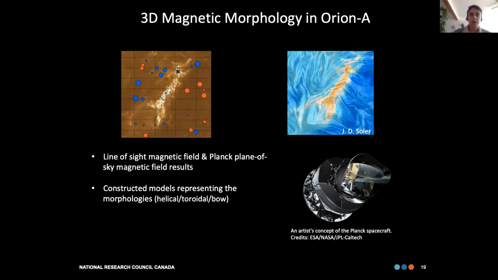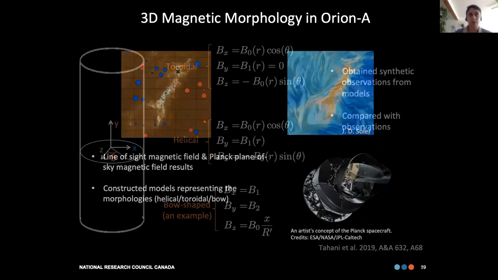So we constructed models to represent the helical, toroidal, and bow-shaped morphologies.